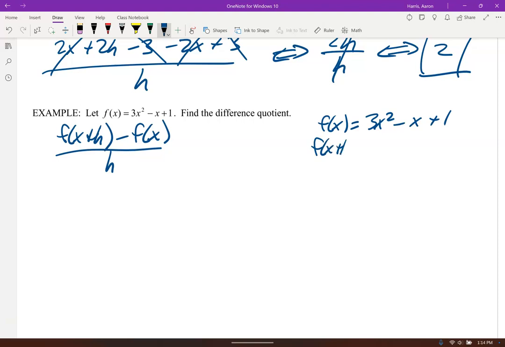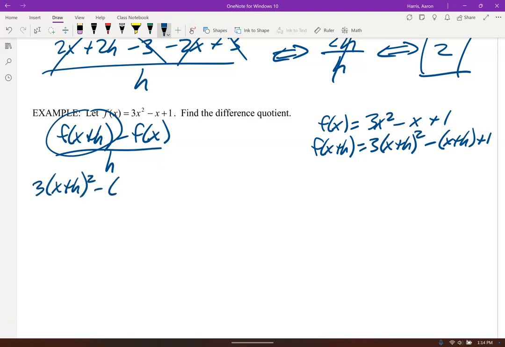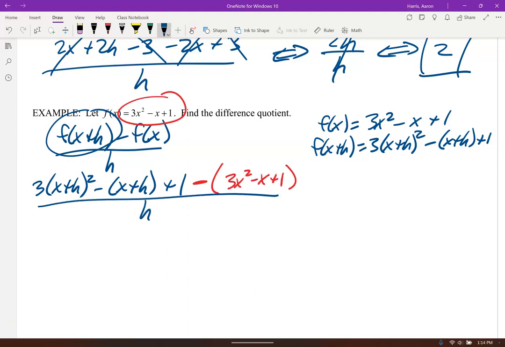F of x plus h then would be 3 times x plus h squared minus x plus h plus 1. Let me plug that in right here. 3 times x plus h squared minus x plus h plus 1 minus the original function, which is 3x squared minus x plus 1, and this is all over my h.